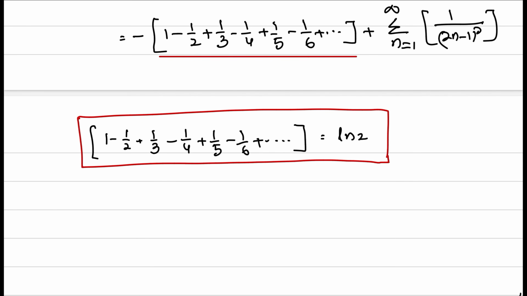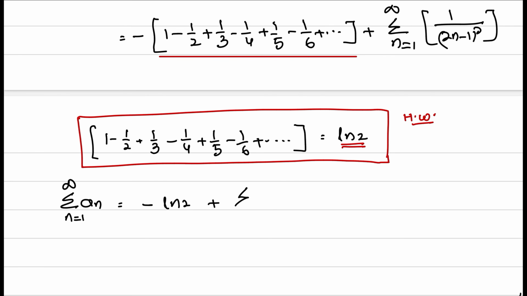I am not deriving this value here. You treat it as homework and derive it from standard textbooks. They will have the derivation. 1 minus 1 by 2 plus 1 by 3 minus 1 by 4 is nothing but ln2. Hence, this series will be equal to minus ln2 plus.